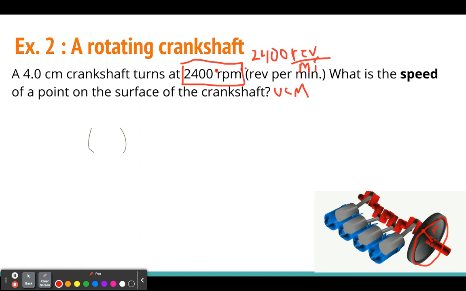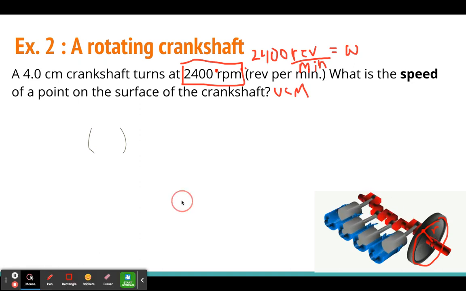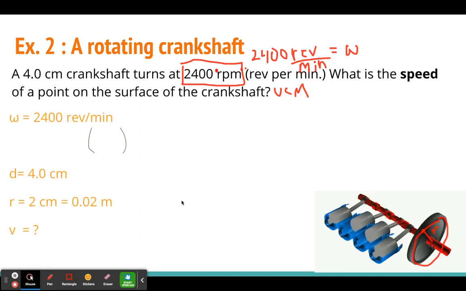That rate of rotation is omega, our angular velocity. So we're given our angular velocity, 2,400 revolutions per minute. We're given the diameter of our crankshaft, which we need to convert to determine the radius. Radius is going to be half the diameter, so we get 2 centimeters.